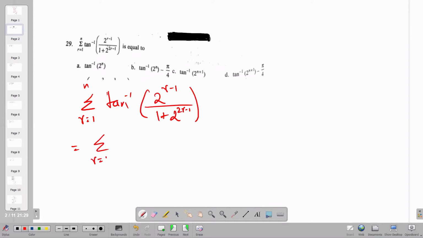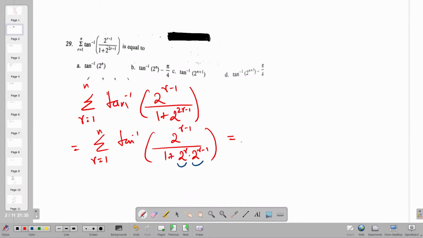I can rewrite this denominator as 1 plus 2 to the power r into 2 to the power r minus 1. That is, if the bases are the same, we can add the powers. So now I have to just change the numerator in terms of these two terms.